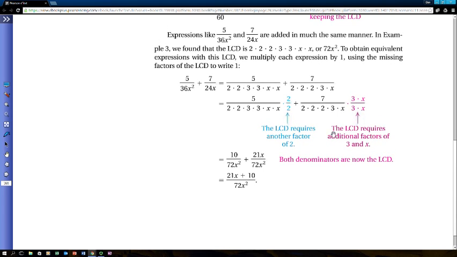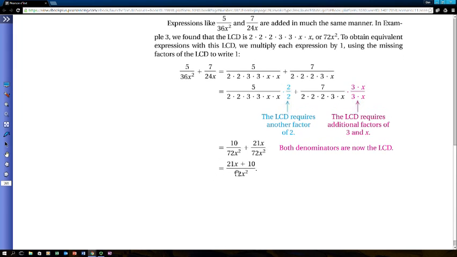So let's look at this part here. Because after the addition, what do I need to do? I need to check to make sure we're in simplest form. Well, in this case, to get this 5 over 36x squared, I need another 2 to multiply by, because that'll give me 72x squared. Well, I multiply by 2 over 2. To get the denominator of this 7 over 24x, I need to multiply the denominator by 3 times x.